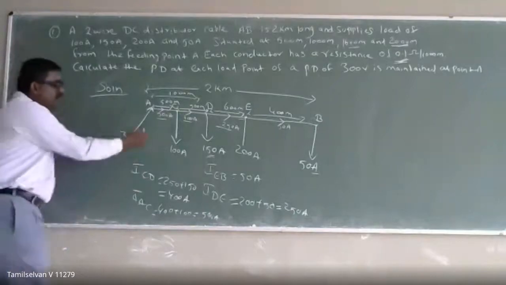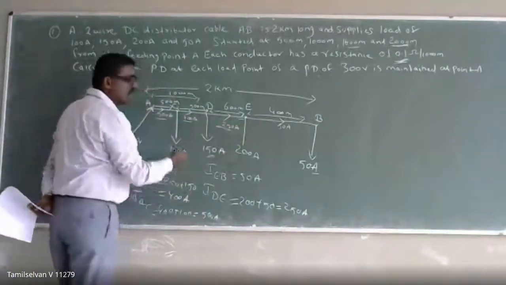So you know the section currents. If you know the section resistance, then you can calculate the drop.